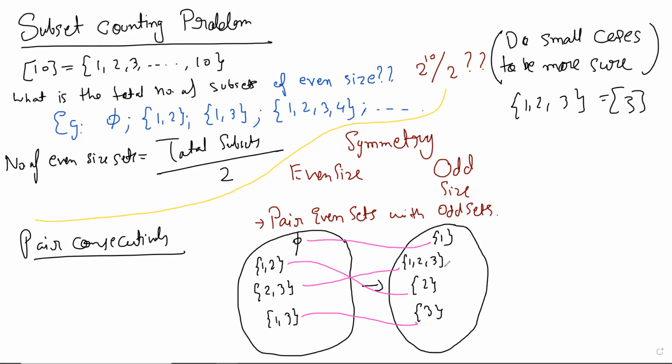A 3-element group, like this one, you mean? Okay. So are you saying that the size 2 things we are matching with size 3 or size 1, not with size 5?